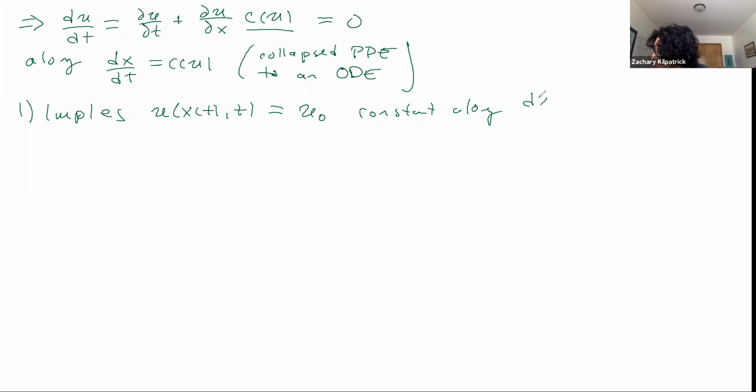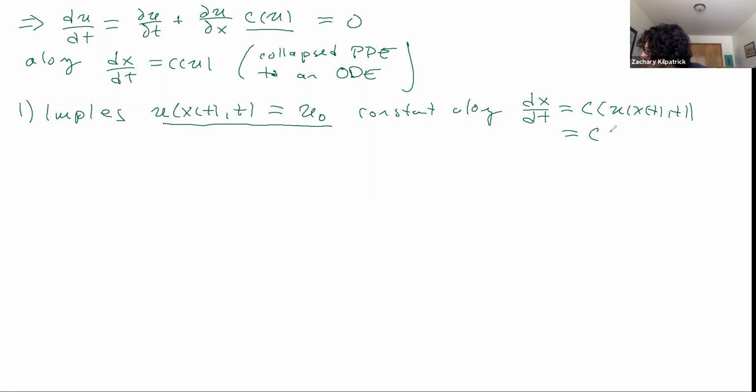So this is going to be constant basically along dx/dt, okay? And what is dx/dt equal to? Well, it's equal to c of u. But now what is u? U is going to be our u of x, t, okay? Or if I like, I can say, well, I know what u of x, t is.